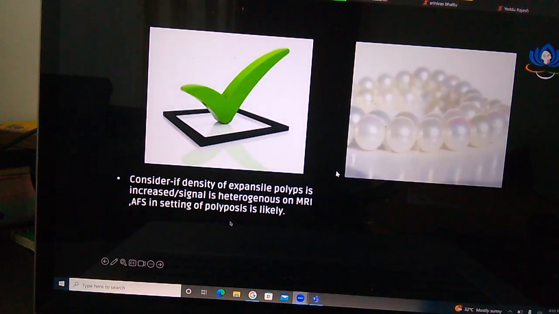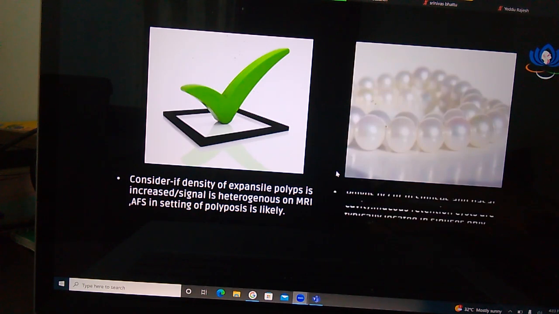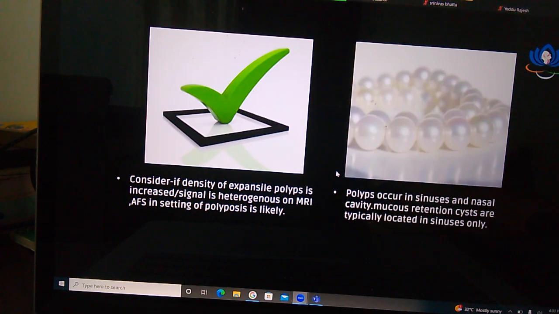Consider that if the density of expansile polyps is increased and the signal is heterogeneous on MRI, allergic fungal sinusitis in the setting of polyposis is likely. Since the chance of allergic fungal rhinosinusitis is high, you should always look for this double density sign in these patients. Polyps occur in the sinus and nasal cavity.